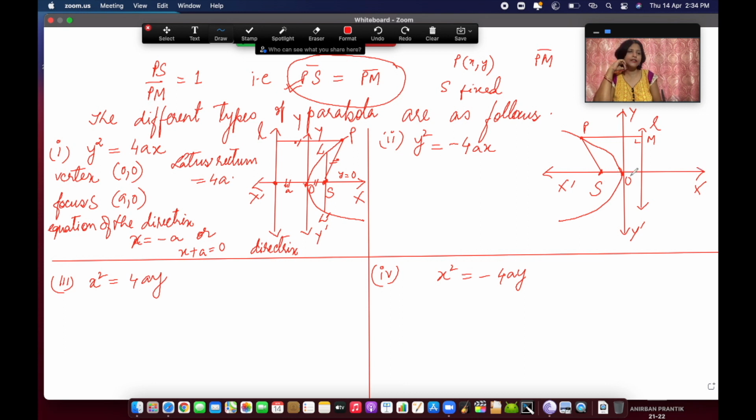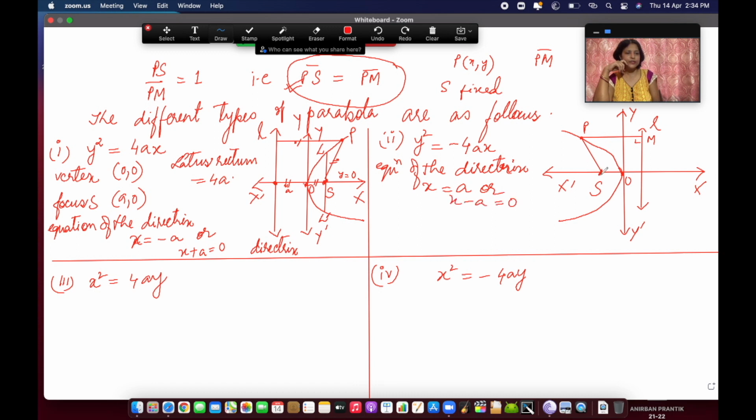Now, you can see the directrix is on the right side of the origin, right? And the directrix is again parallel to the y-axis. So, the equation of the directrix in this case is x equals a, or x minus a equal to 0.